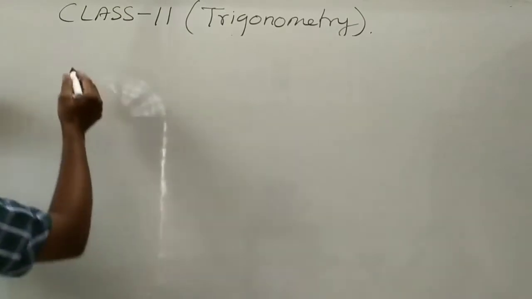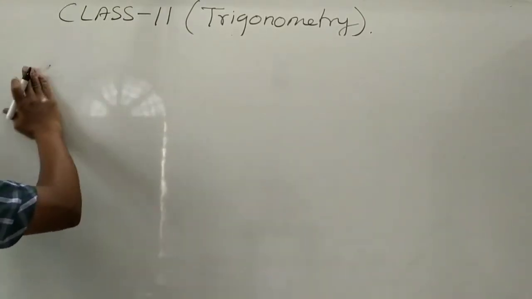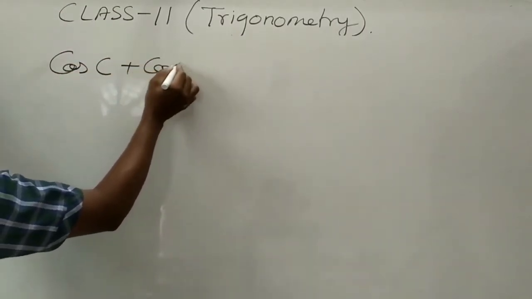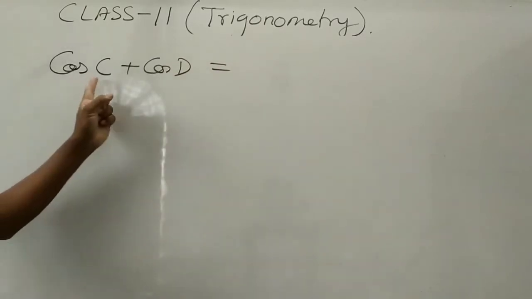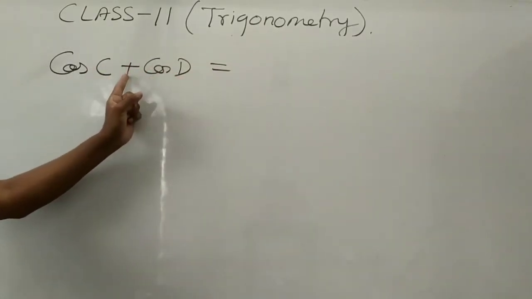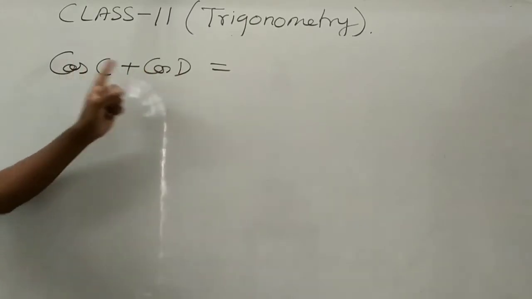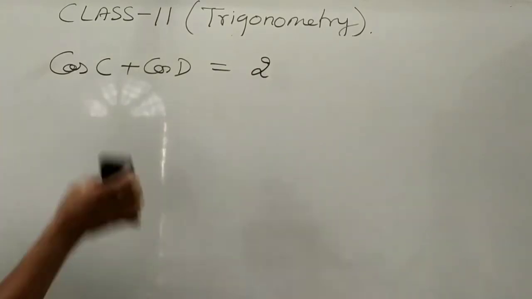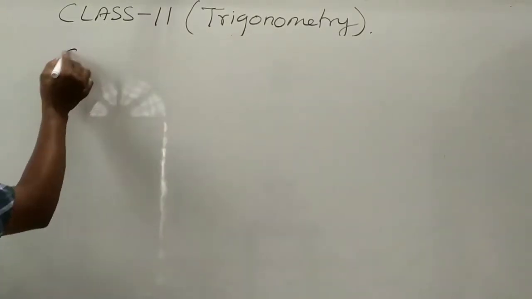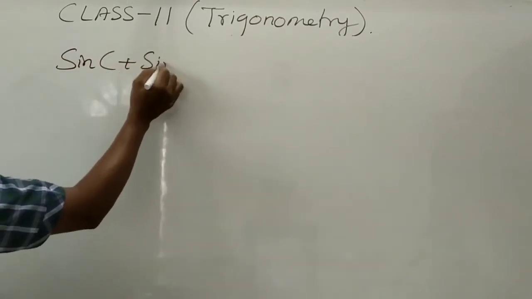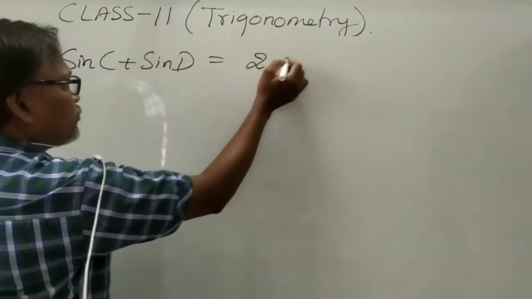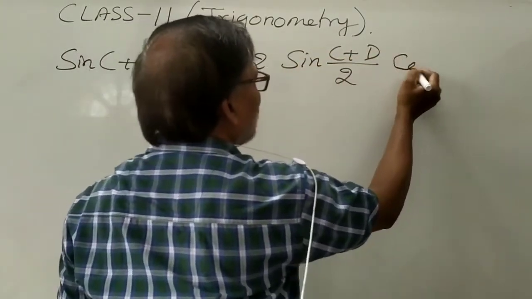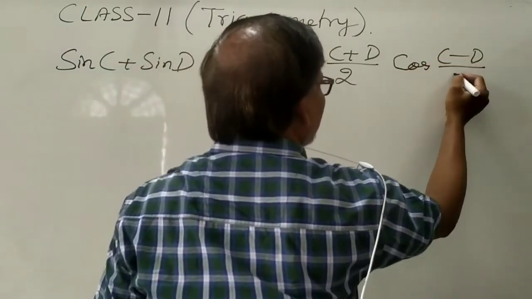Now the next one, the C and D formulas. If we write cos C plus cos D, if you have two different angles with the plus sign, and in both the angles the cos is there, sorry, if we do it with sine it is better, let us start with sine. sin C plus sin D. So in this case it will be 2 sin((C plus D) by 2) cos((C minus D) by 2).